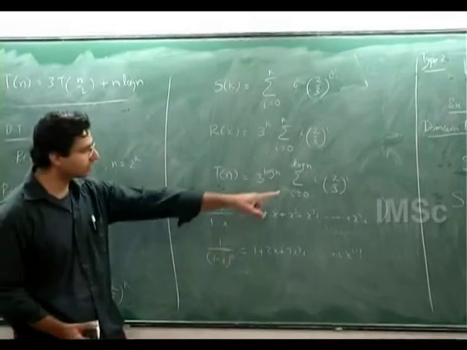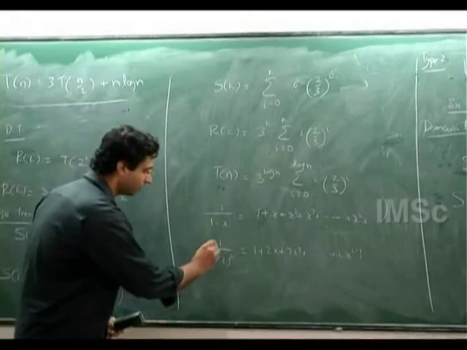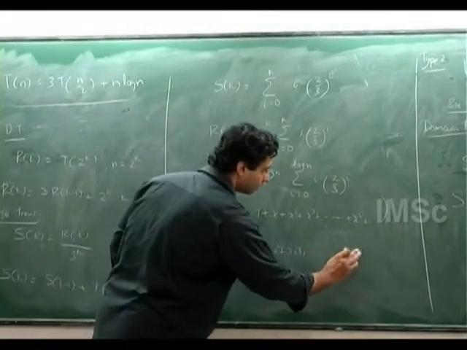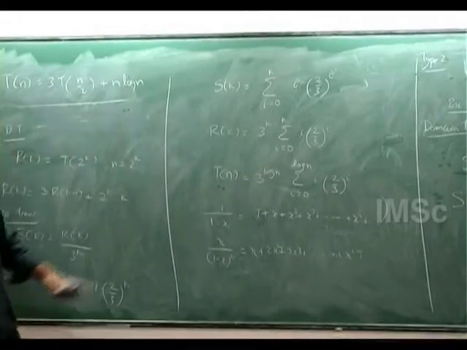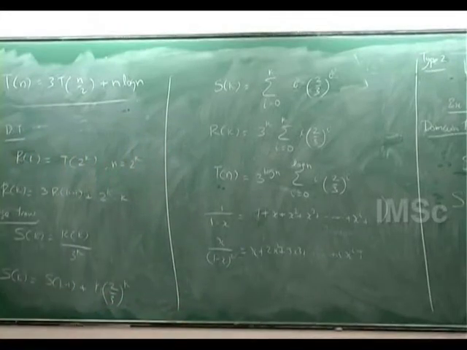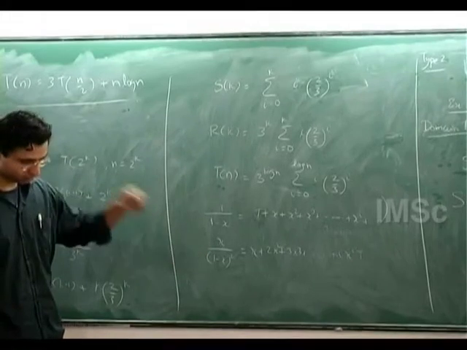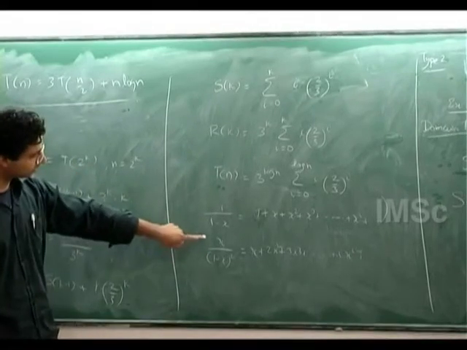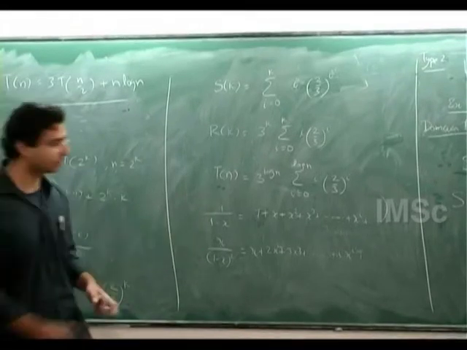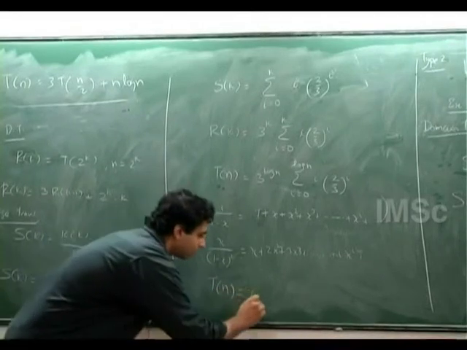Since this is i x raised to i, I have to multiply throughout by x to get that. So what do I get if I plug in this equality? I have to plug in x equal to 2 by 3. So 2 by 3 and 1 by 3 squared is 9. What is it? 2 by 3 times 9 is 6, yeah. So 6 times.